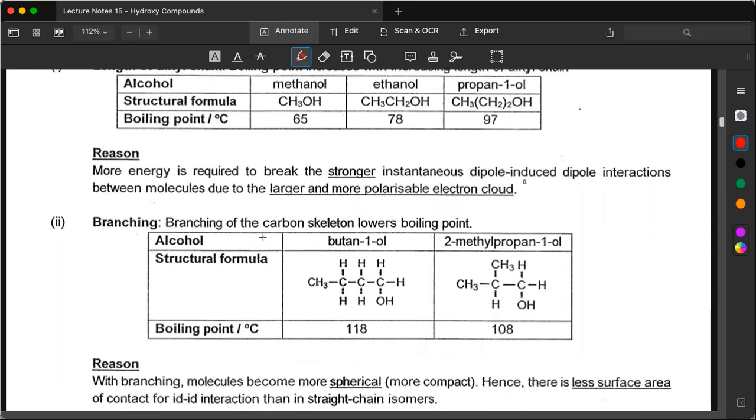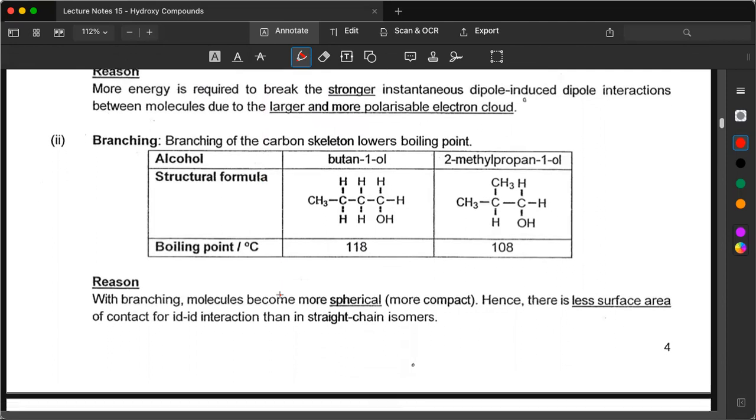Branching of the carbon skeleton lowers the boiling point. With branching, the molecules become more spherical, more compact, resulting in less surface area of contact for id-id interactions than in straight chain isomers.